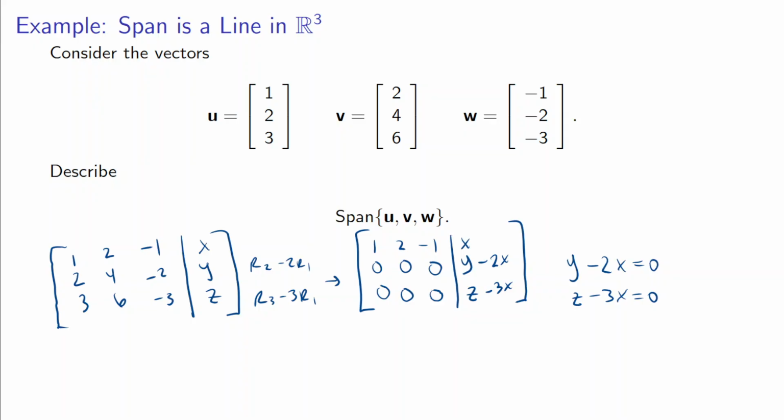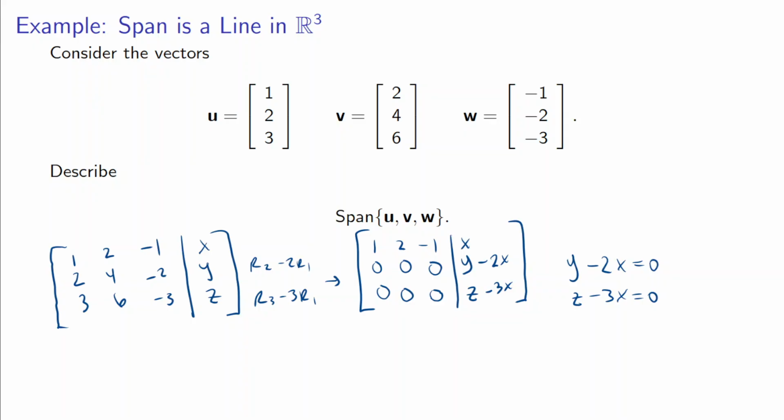And so ultimately what we've got here is a set of points that are all going to fall on the same line. What you might have noticed is that the original three vectors were all actually scalar multiples of each other. And so any vector that is a linear combination of them is going to also be a scalar multiple.